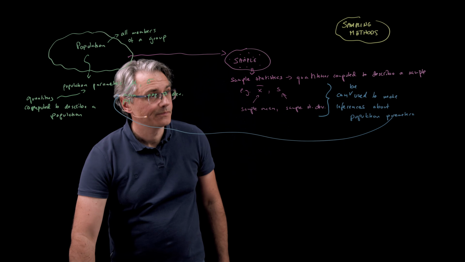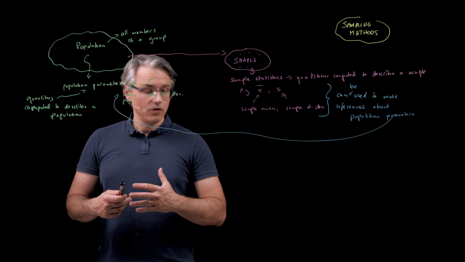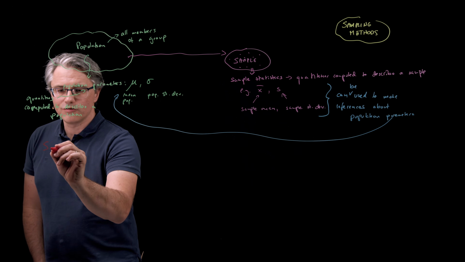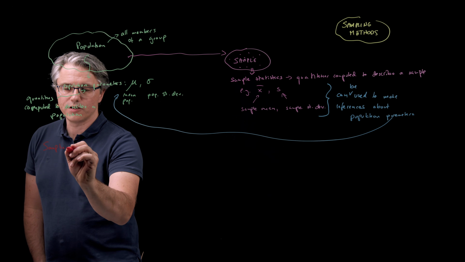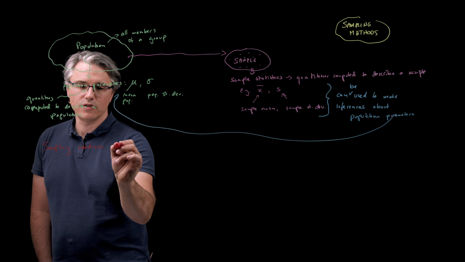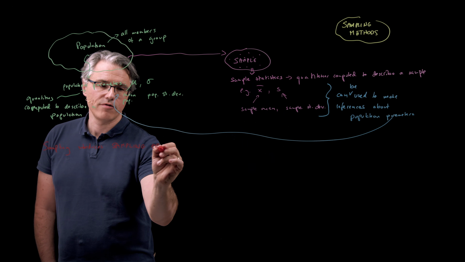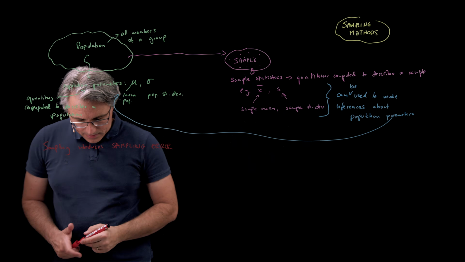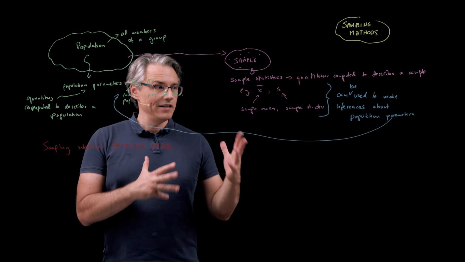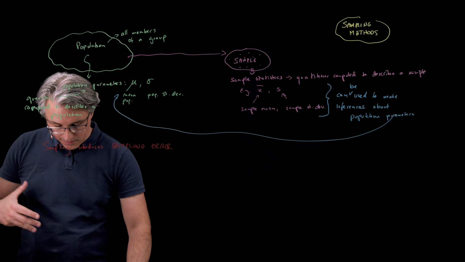However, because we are basing our inferences on a sample, on a selection, this introduces an element of potential error. So sampling exposes us to what's known as sampling error. And this is an inherent part of inferential statistics. It's something that cannot necessarily be avoided, but can be managed.